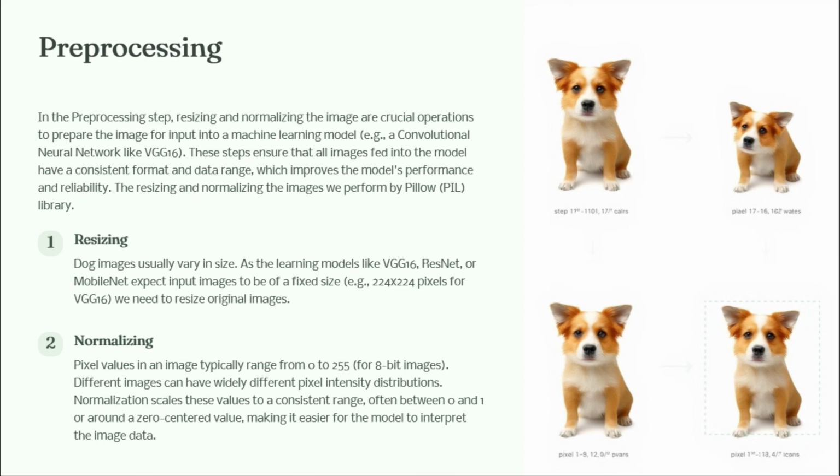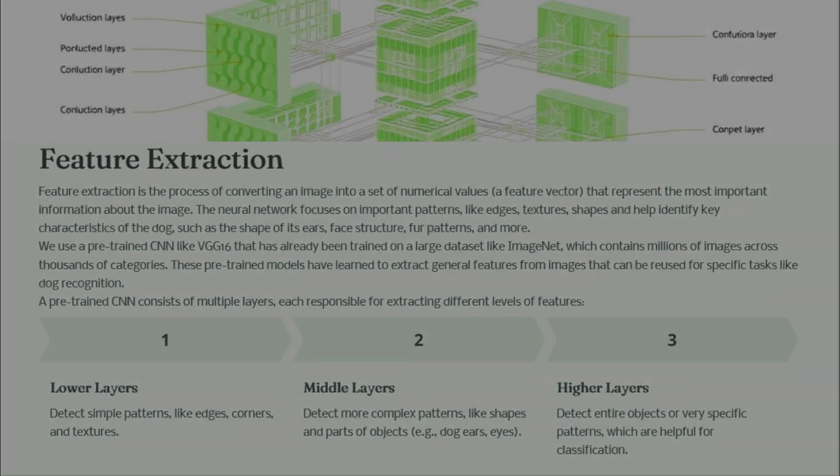Second, we normalize the pixel values so that all images are within the same data range. This is crucial for improving the model's performance because consistent input data helps the model learn better. We use the Pillow library in Python to handle this preprocessing task.